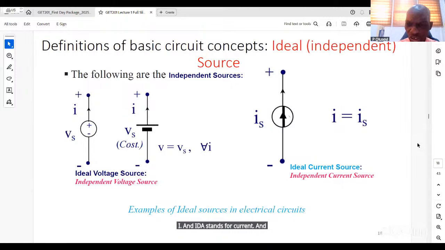And if you look at your right-hand side, you see the ideal current source as well, which we call the independent current source. In this case, the source current is equal to i_s. So take note of that. These are examples of ideal sources of an electrical circuit.